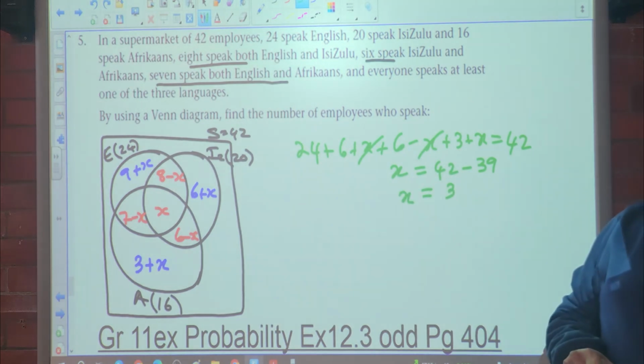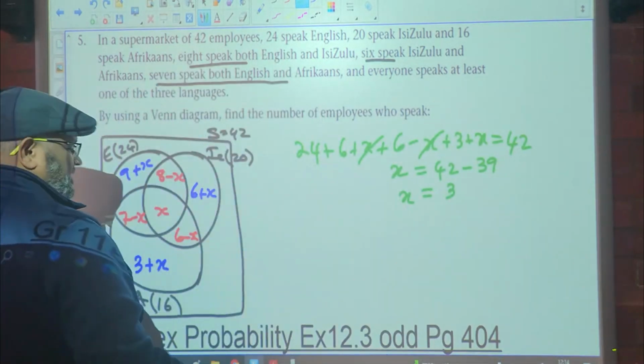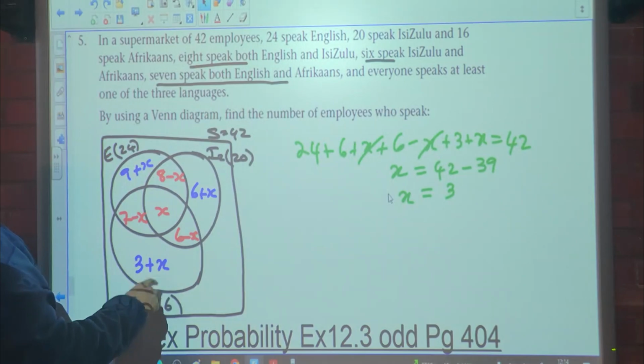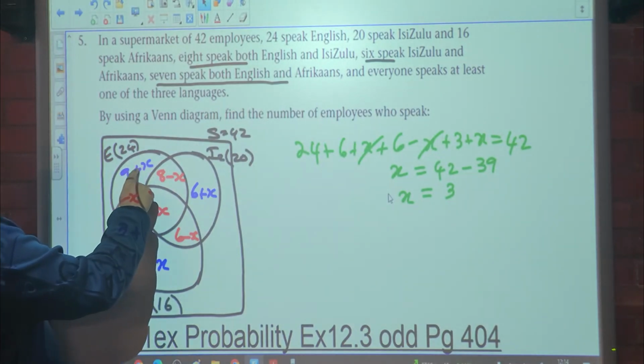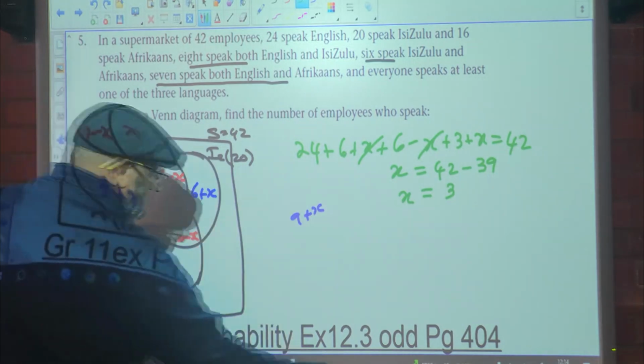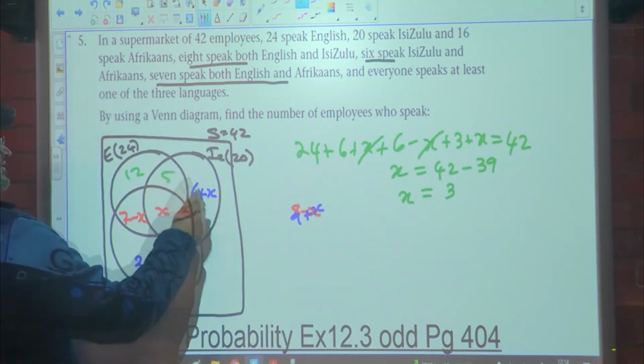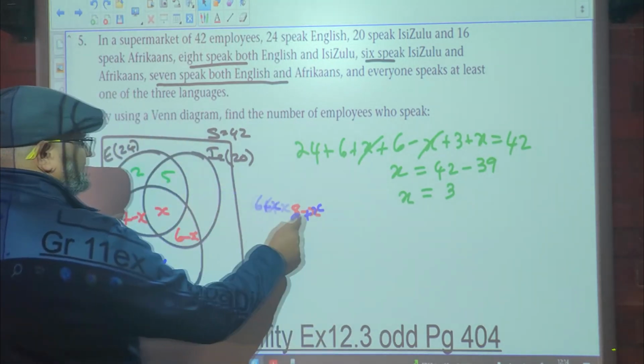You see that? So now we can work everything else out. What is 9 plus 3? 12. What's 8 minus 3? 5. What is 6 plus 3? 9.